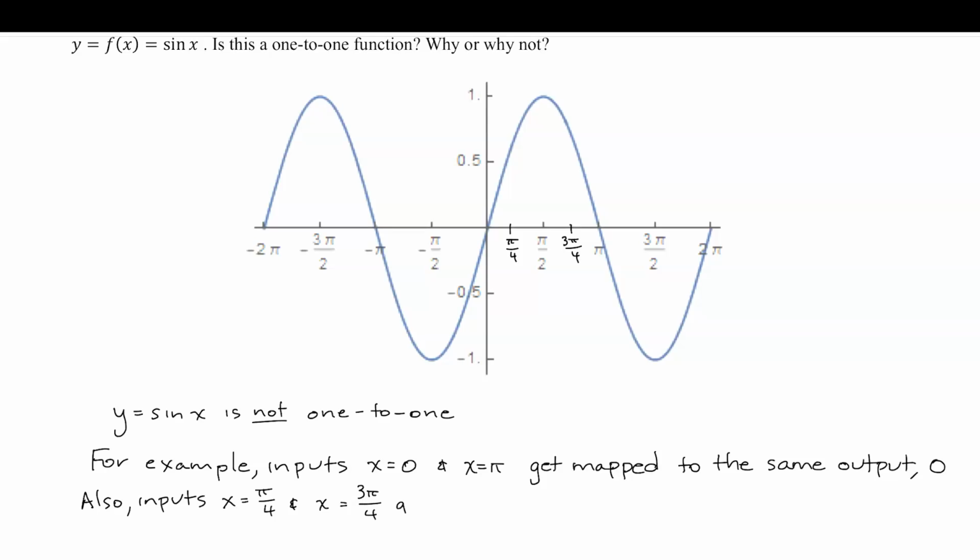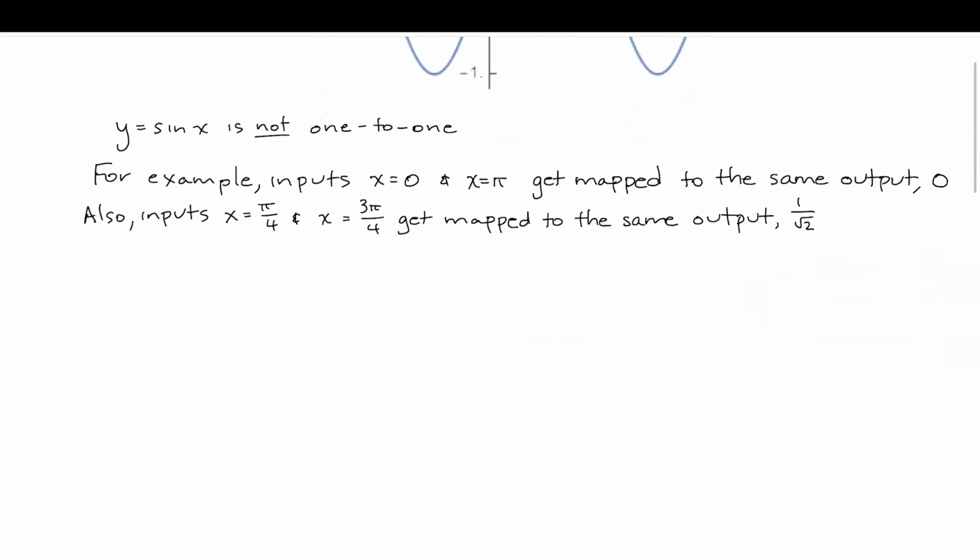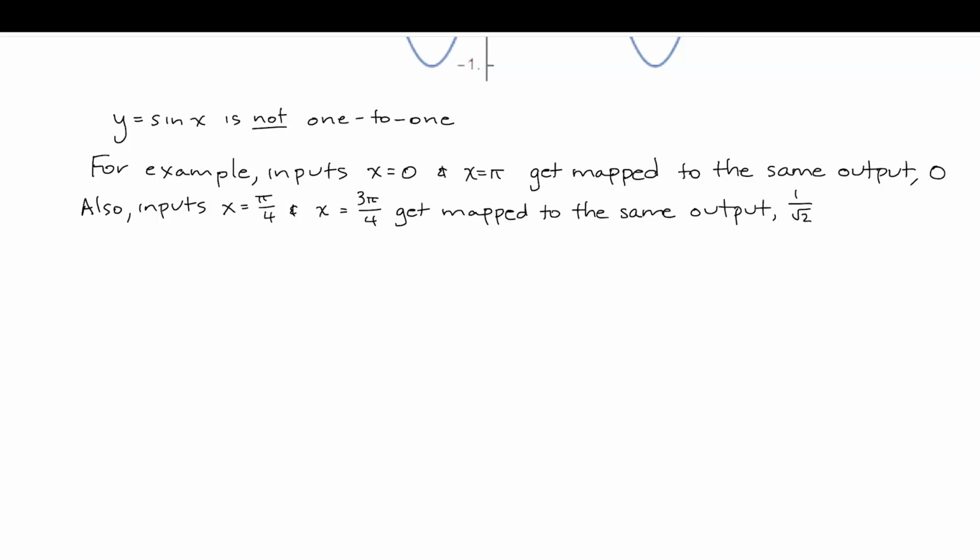I don't know how much you remember your trig, but the sine of pi over 4 and the sine of 3 pi over 4 are both the same, 1 over radical 2, or you might have learned them in school as root 2 over 2.